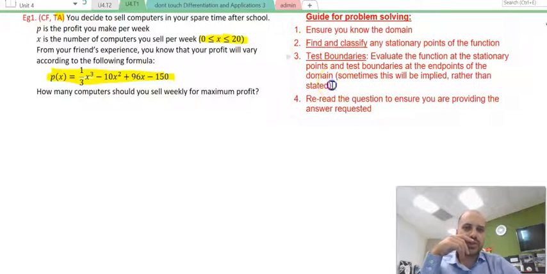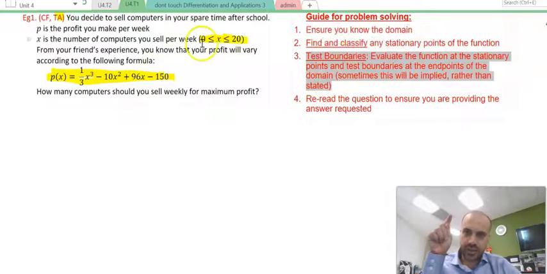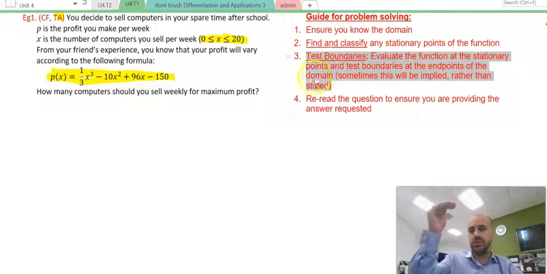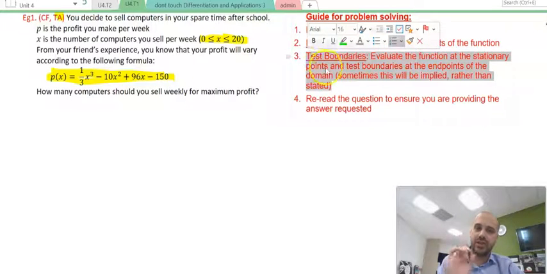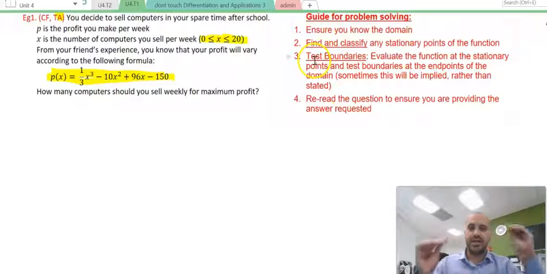But then you also need to test the boundaries by subbing in 0 and 20 in this case, or whatever those boundaries are, and figuring out whether those values are larger than the maximum or smaller than the minimum, depending on whether you're trying to find maximums or minimums. So not only are you thinking about the stationary points, you're also thinking about the boundaries and testing those as well as testing your stationary points.